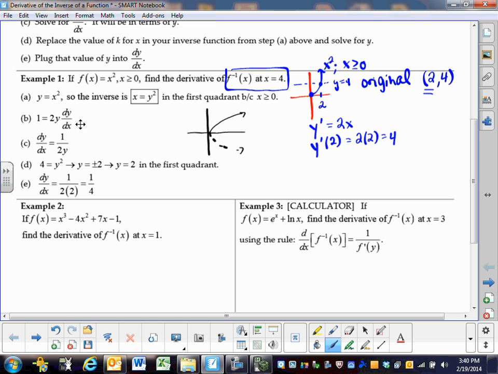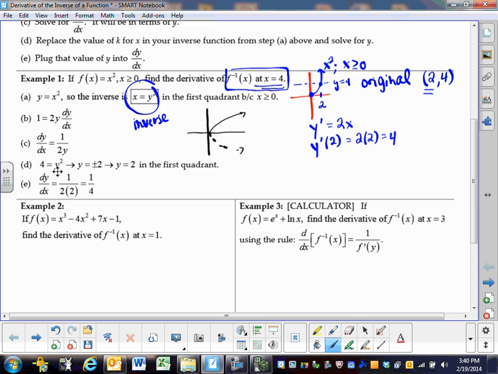If we do the derivative implicitly, the derivative of x is 1, and the derivative of y squared is 2y dy/dx. We can solve for dy/dx by dividing by 2y. On the original function, 4 has to equal y squared.